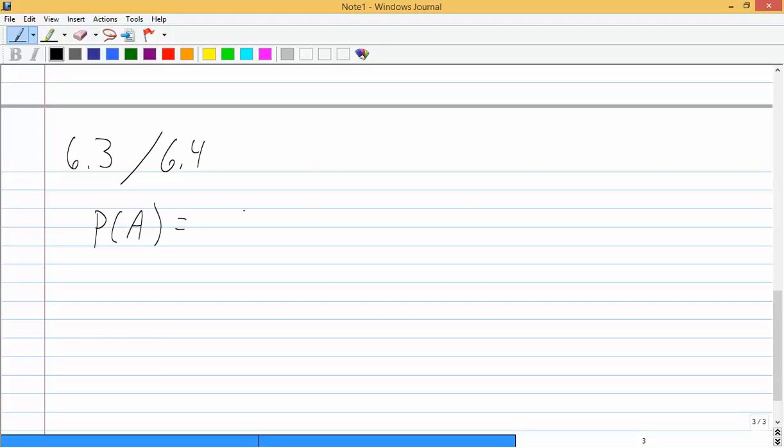And that's equal to the number of simple events in A divided by the total number of simple events in the sample space.